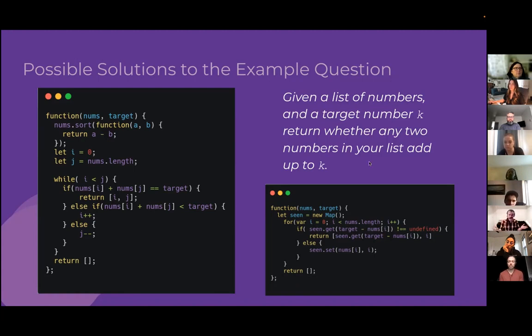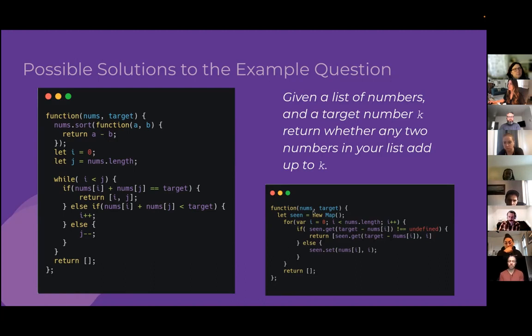So these are two totally valid approaches to solving the problem. They both work, but they've got some differences, right? So the left one ends up taking a little bit longer, I think, because we have to start by sorting the array and then we iterate through it. Whereas the other one doesn't need the sorting step.